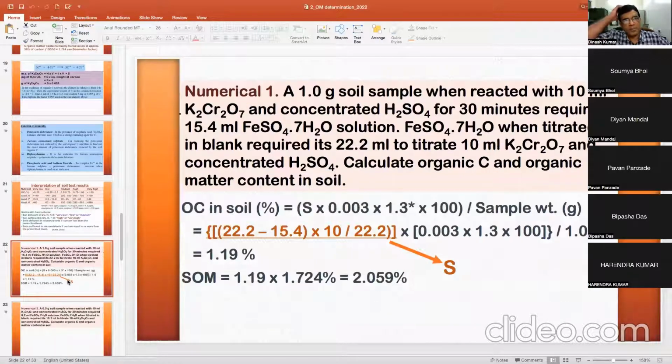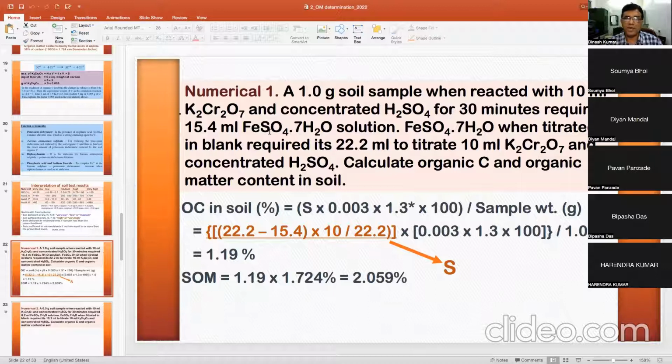Now numerical number 1. A 1 gram soil sample was reacted with 10 ml K2Cr2O7. Actually 1 gram sample was taken and 10 ml of potassium dichromate was added along with 20 ml sulfuric acid. For 30 minutes it was kept and then it required 15.4 ml ferrous sulfate solution.